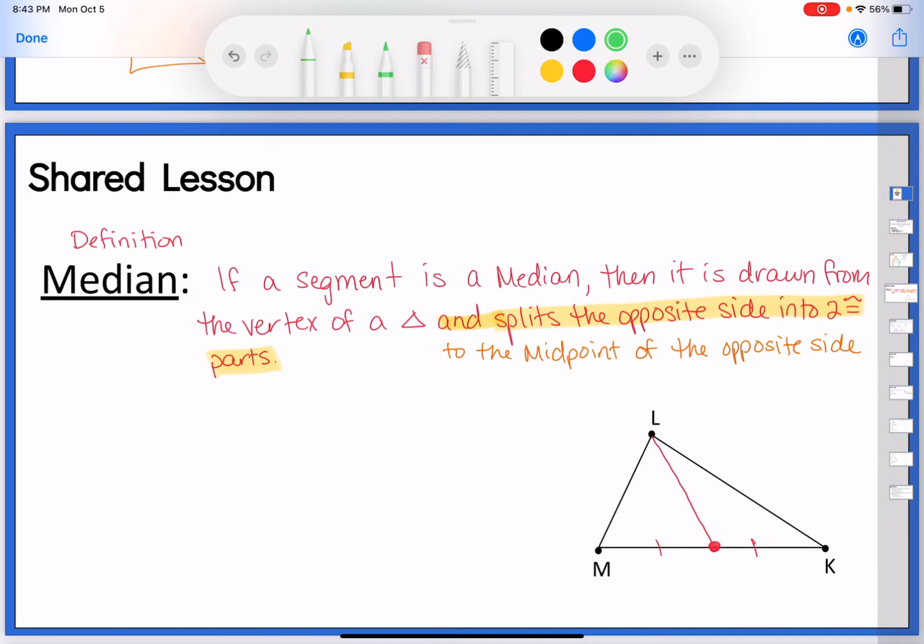All right, now this is a definition, so we know it's reversible, but I am going to write down the converse right now, and I highly recommend you do the same thing because the converse is used just as often as this version is. So we're going to switch the if and the then.